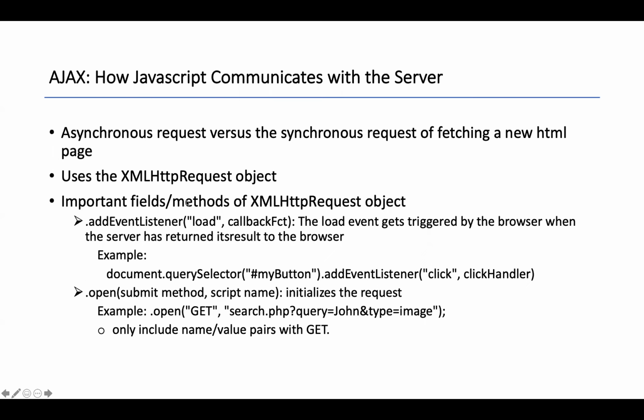So here we're packaging up some parameters with key value pairs, query John and type image, and the script that is being executed on the server side will be server.php. Then the server side script will execute, print out some result, plain text, maybe JSON, maybe XML, and send it back to the client.